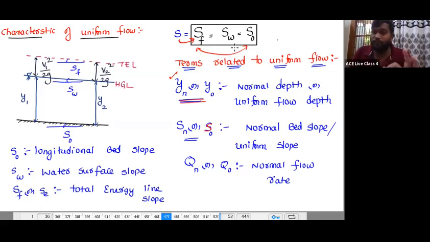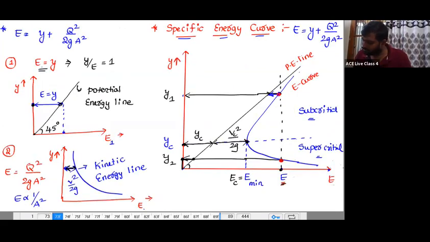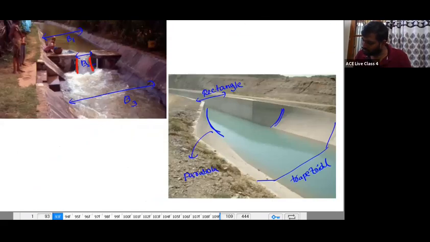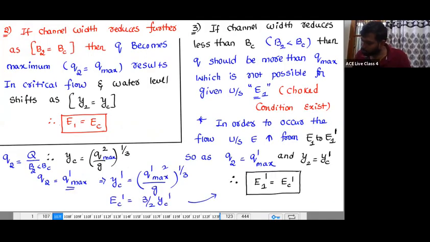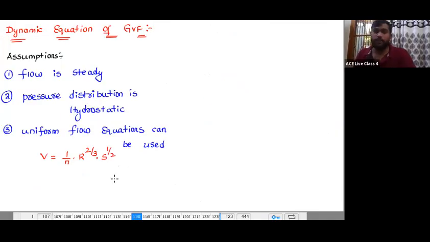So in uniform flow, I use S as S naught, Y as Yn.